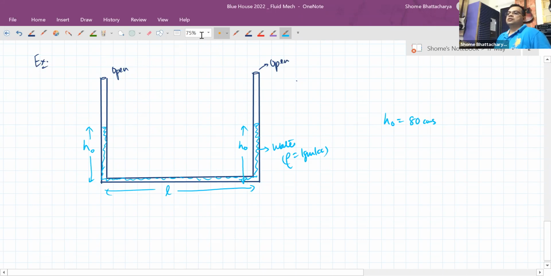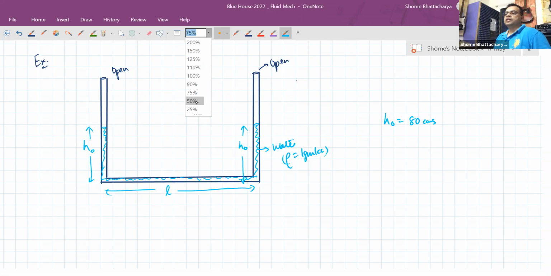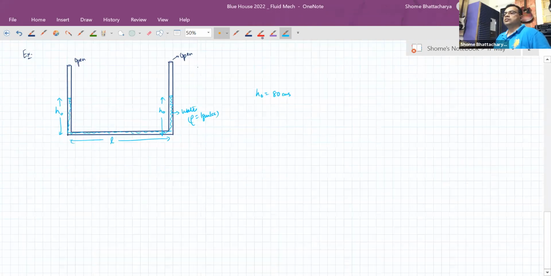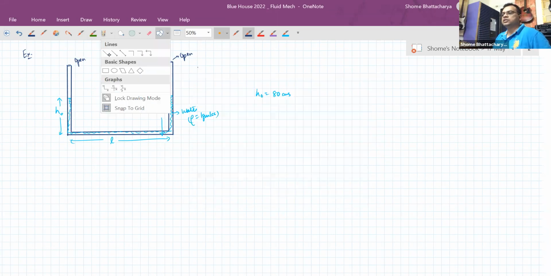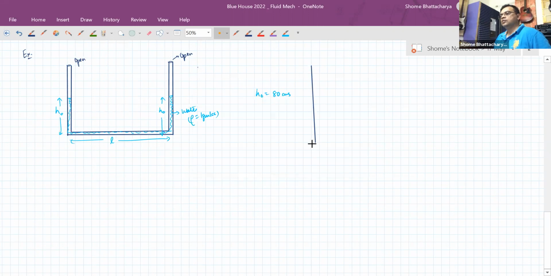So this h0 is, let us say, 80 centimeters. Now what we do is we pour water from one side, sorry, we pour not water but some immiscible fluid like kerosene or something. So let's say we pour some kerosene oil from one side. That changes the level of water on either side.